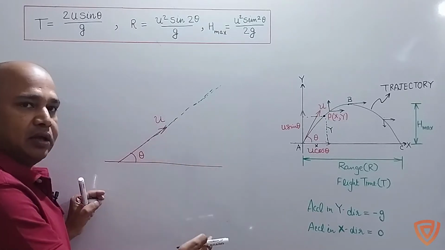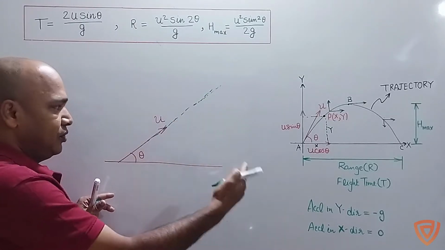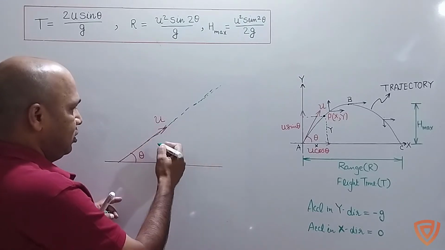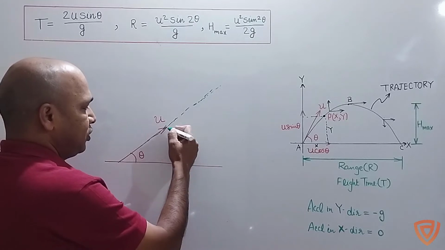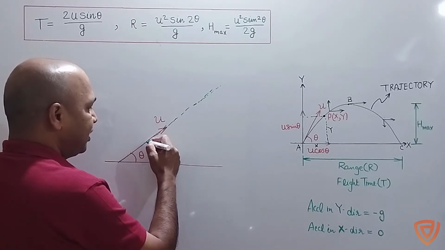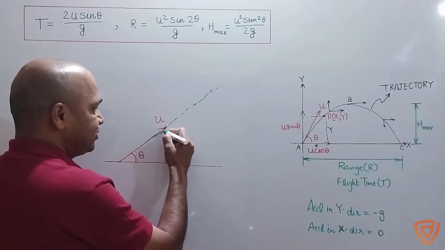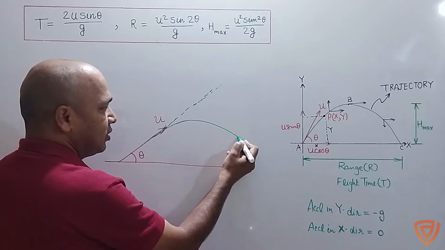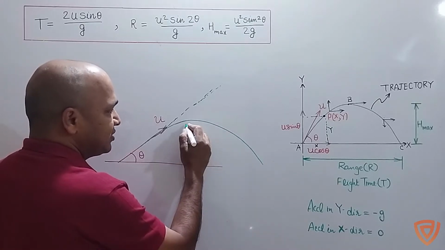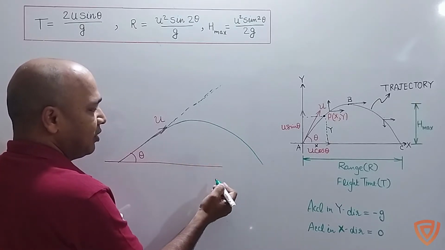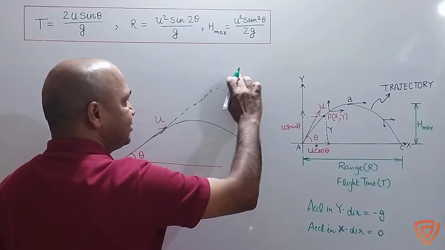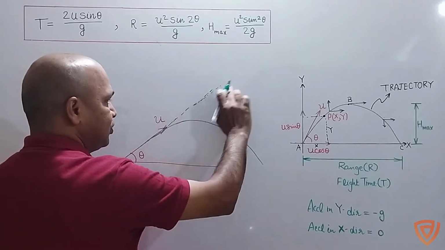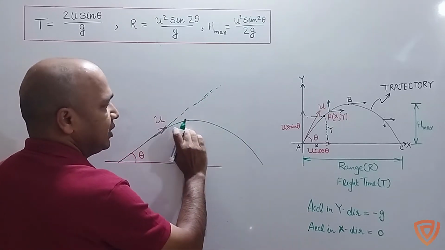There will be a force due to gravity continuously acting on the ball, because of which the path it takes will be like this. It will go up to a certain maximum height, take a curve, and start coming down slowly due to gravity. So it won't go straight. I hope this is clear.